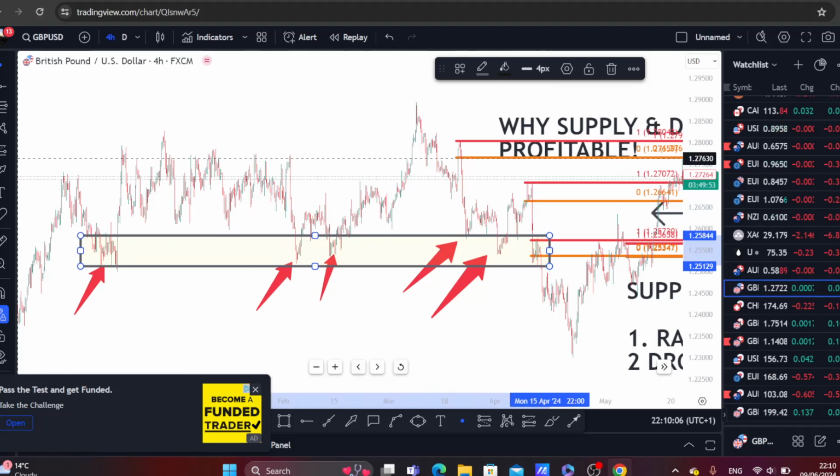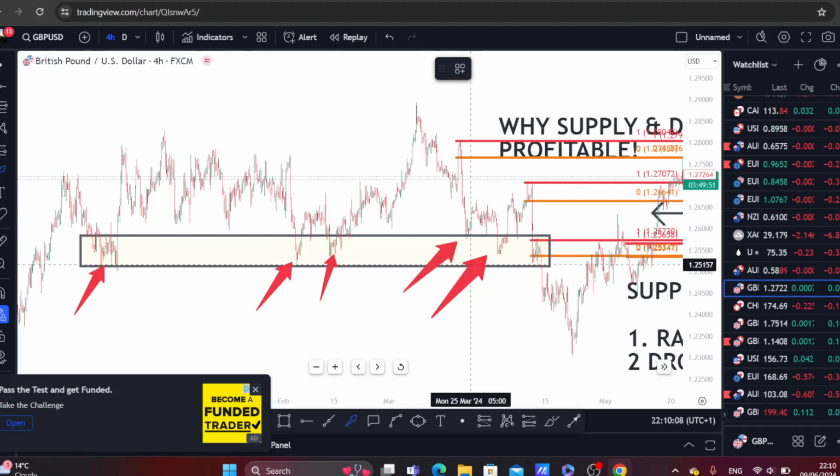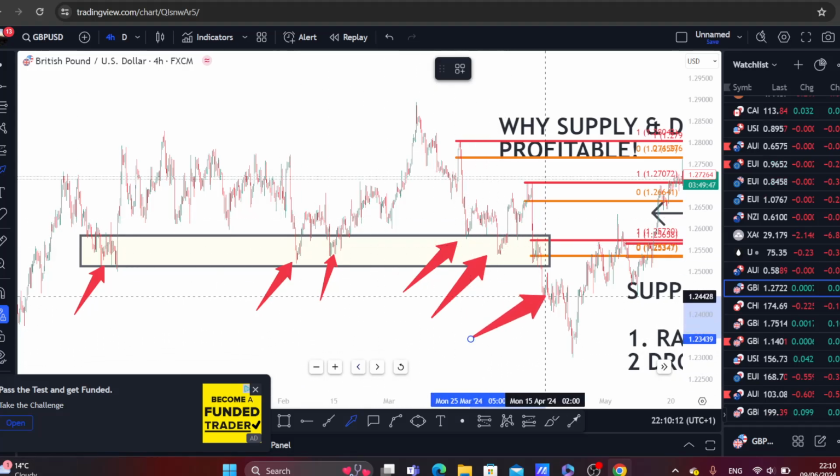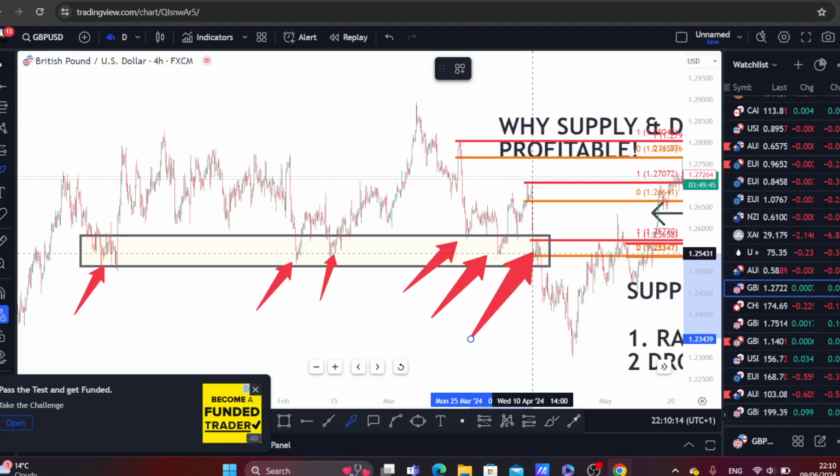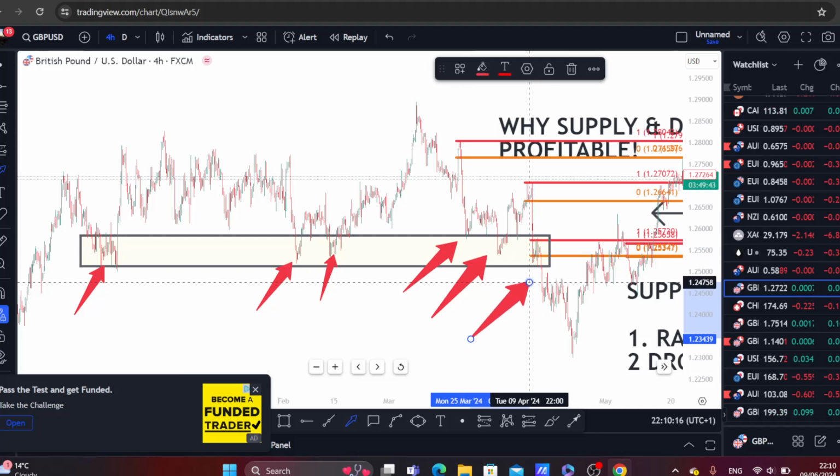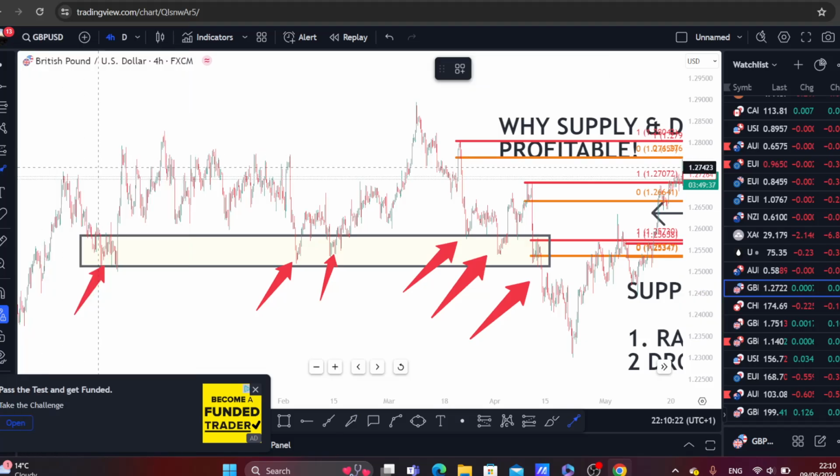Okay, so if you took this breakout right here of this level, you were stopped out right here.